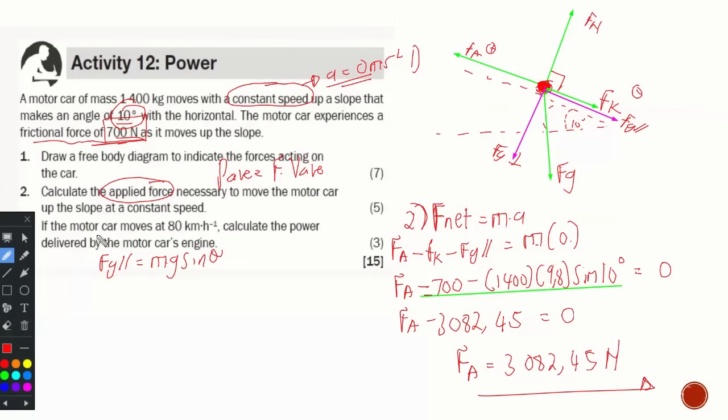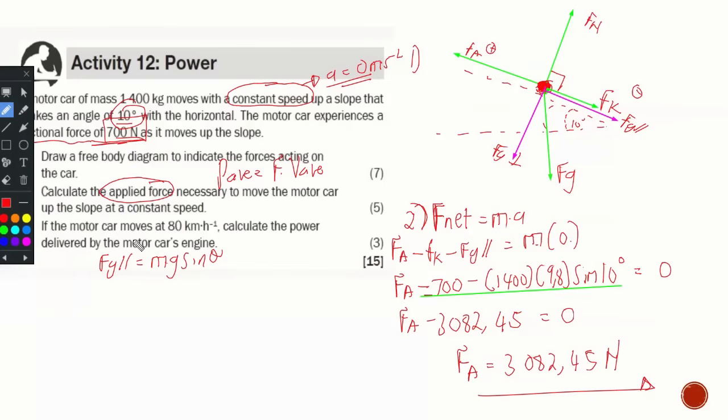Okay, then for question number 3, they're saying now, if the motor car moves at 80 kilometers per hour, calculate the power delivered by the motor car's engine. Now, we do know that we don't want our time in hours. We don't want our distance in kilometers. So to convert kilometers per hour to meters per second, we need to divide by 3.6.